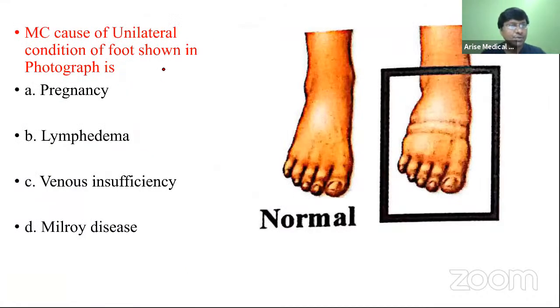Most common cause of unilateral condition of the foot shown in the photograph is: pregnancy, lymphedema, venous insufficiency, Milroy disease. So this is your normal foot and this is your abnormal foot. Please tell me what is the diagnosis?